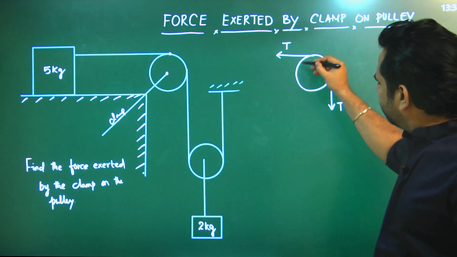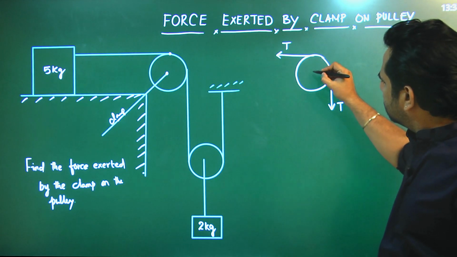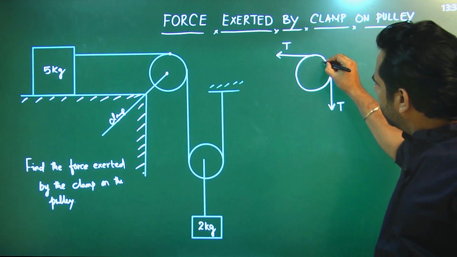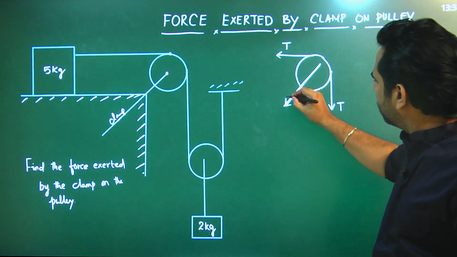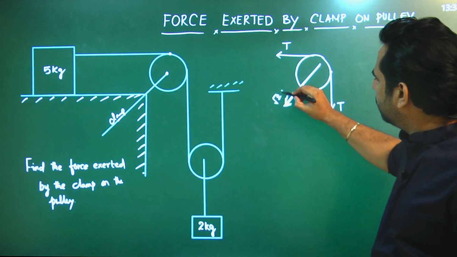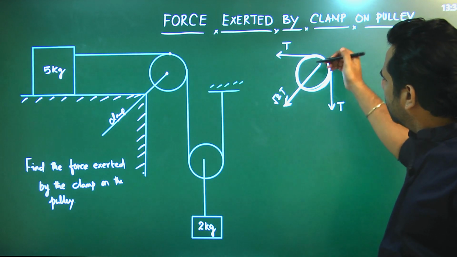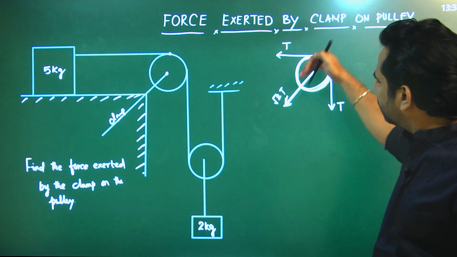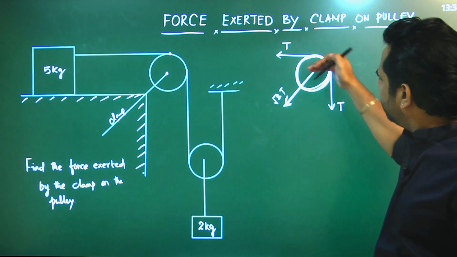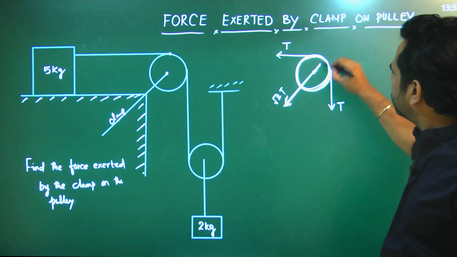Now the pulley has a tendency to experience a net force in this direction because T and T would cause a resultant force of root 2T. So ideally, if the pulley is not clamped, it would try to accelerate or move in this direction. To keep it fixed at this position, the clamp has to counter it.